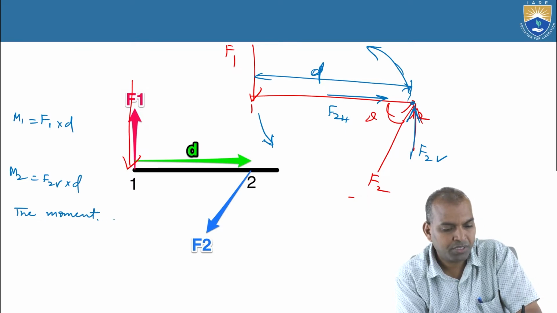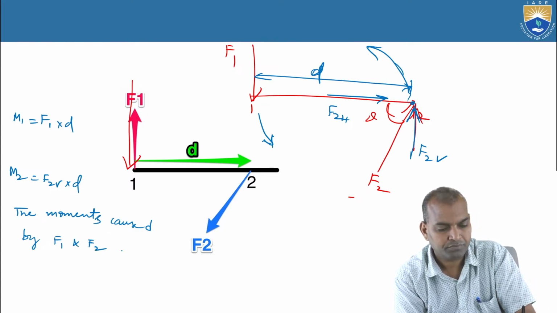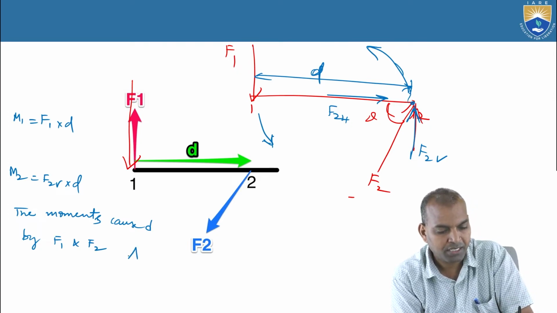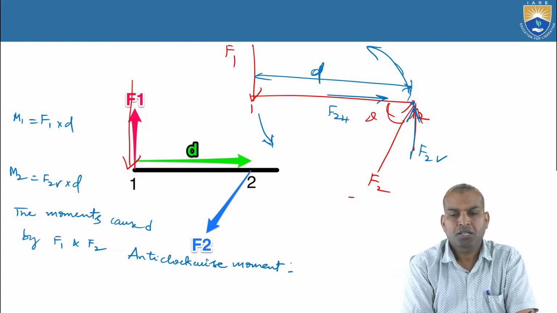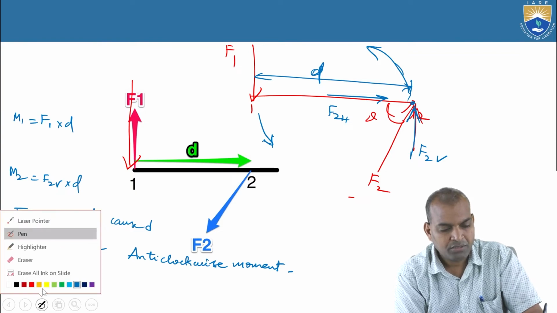The moments caused by F1 and F2 are what? Anti-clockwise movement. So in that manner, now you can understand one more case study.